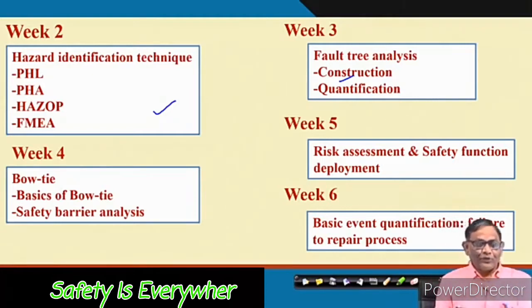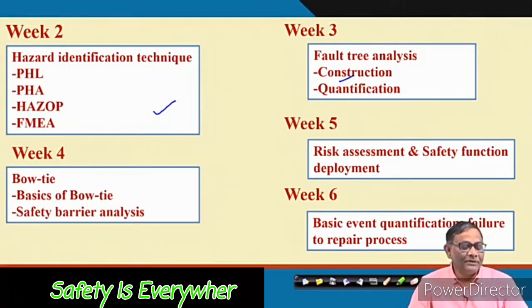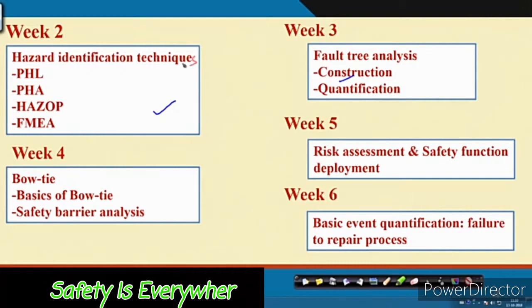After that, in week 2, you learned several hazard identification techniques, like preliminary hazard list, preliminary hazard analysis, hazard and operability studies, and failure mode and effect analysis with simple examples and some cases.